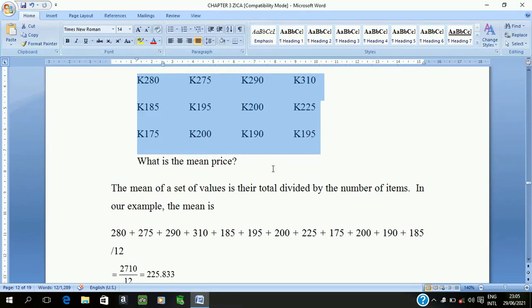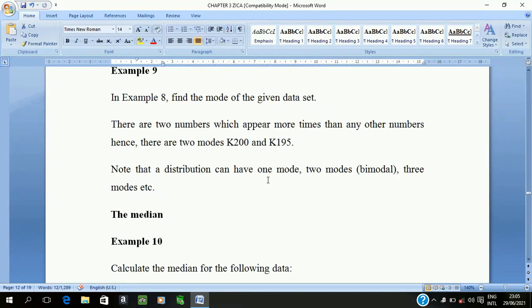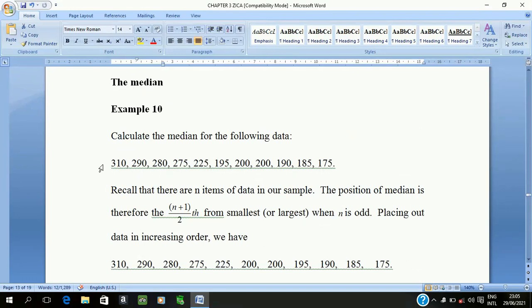You can start with the smallest to the highest value, which is ascending order, or you can do descending order from the highest to the lowest value. The highest value we have is 310, I think, followed by 290, then 280, then 275 and so on. So arrange the data in descending order. You have that particular order.